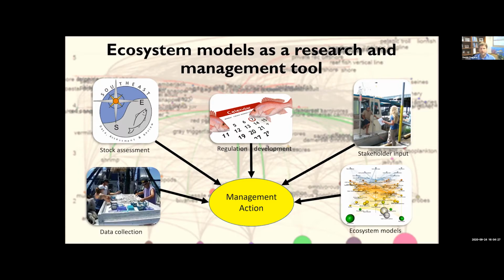So ecosystem models can help with stock assessment, and they can help inform data collection. But ultimately, we're trying to use them to help managers make better decisions about natural resources, provided that they have a better understanding of how the ecosystem might respond.